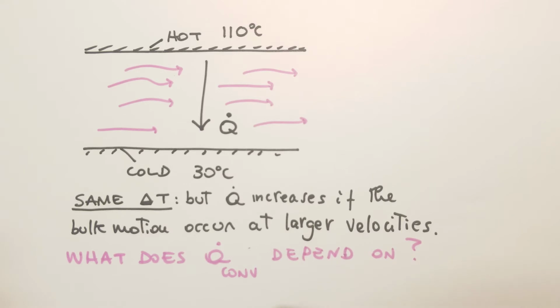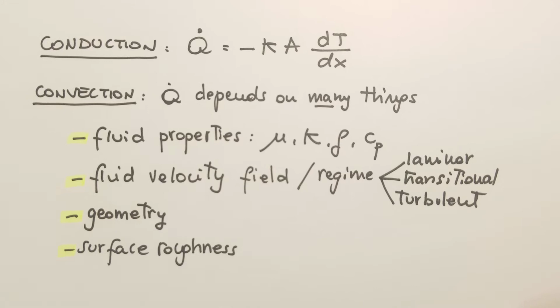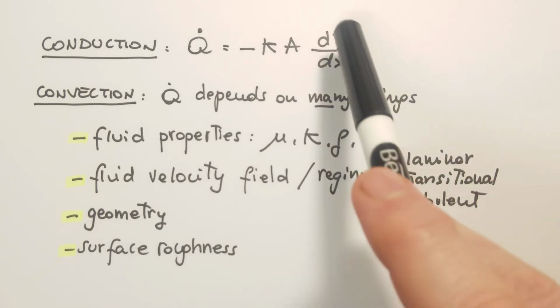So we have to ask ourselves a bit more in detail, what does convection heat transfer depend on? In the case of conduction, we now know that heat conduction depends on, of course, the thermal conductivity, the surface area, and the gradient.